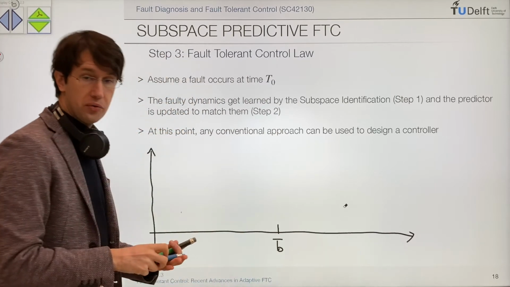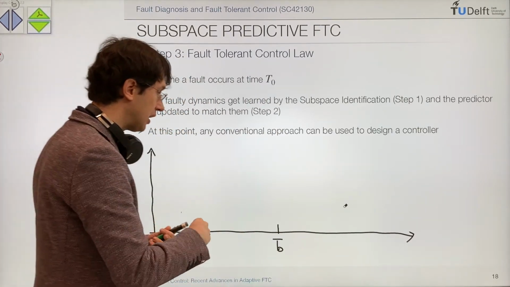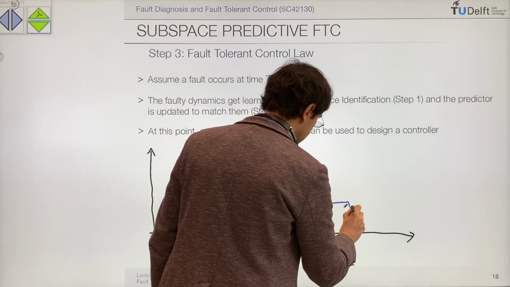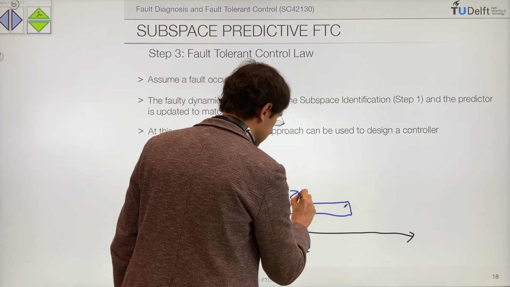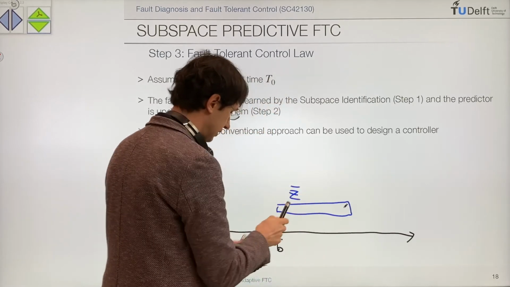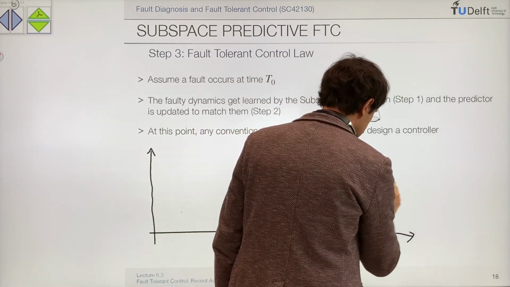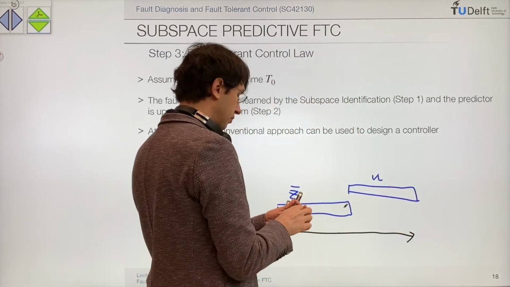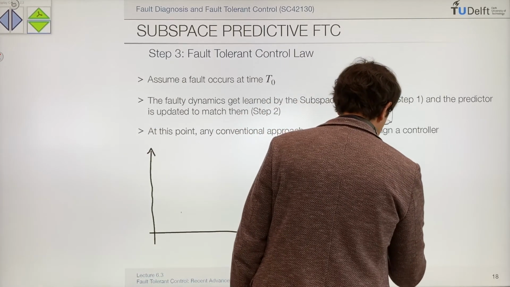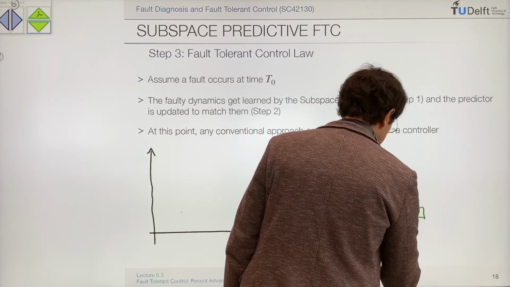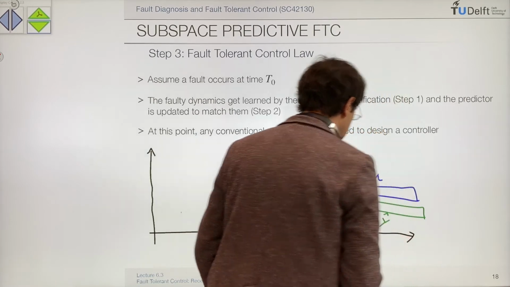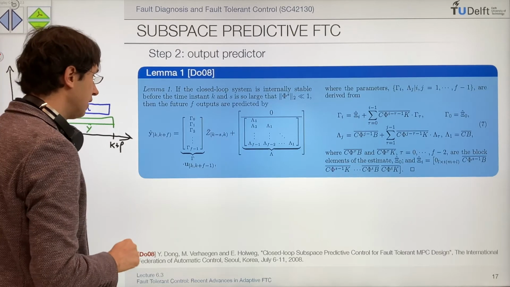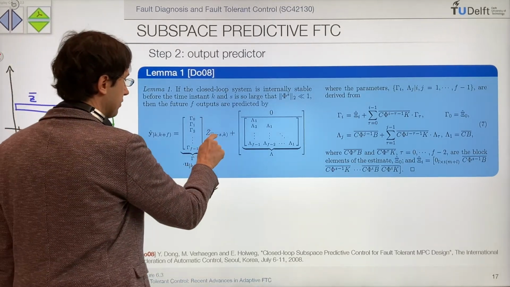So let us redraw this. Let us assume that now we moved enough forward in time such that the entire time window for the matrix Z over bar is past the fault. And here we have the time window of the U we compute for the future and the time window of the Y we predict in the future. If you remember the indexing we had, this is k minus s to k.